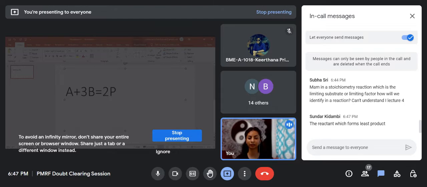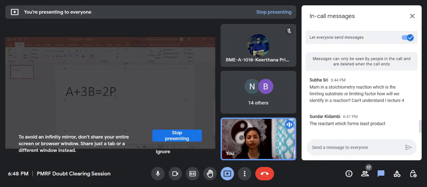Any chemical reaction will be balanced, so you don't always add equal amounts of all reactants. 1 mole of A has to react with 3 moles of B to form 2 moles of product. There is no other way. This is a balanced reaction.